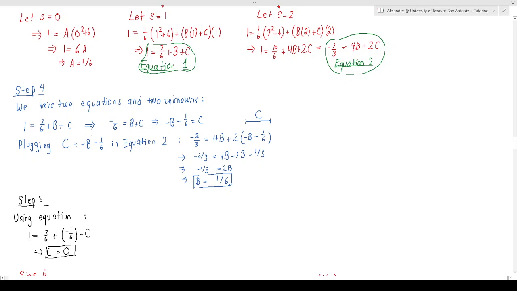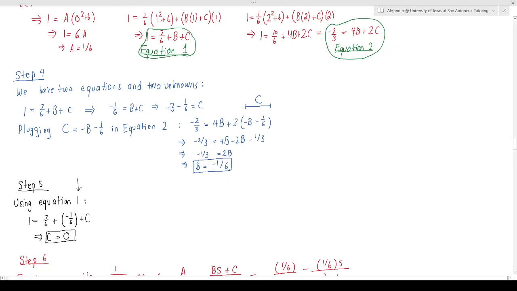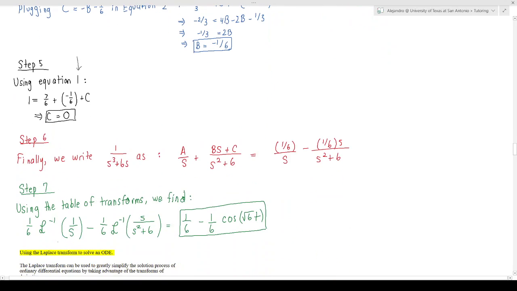And we plug that into equation 2. Equation 2 becomes an equation strictly of b's here, and that's why we're able to solve for b. And using any of the equations, we use 1 here in step 5, and we find that c is actually just 0, which is convenient because we have a simpler problem.